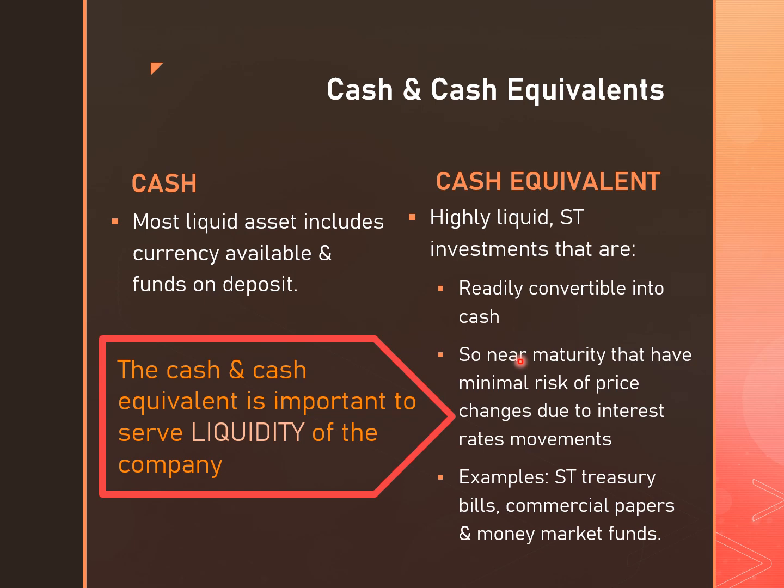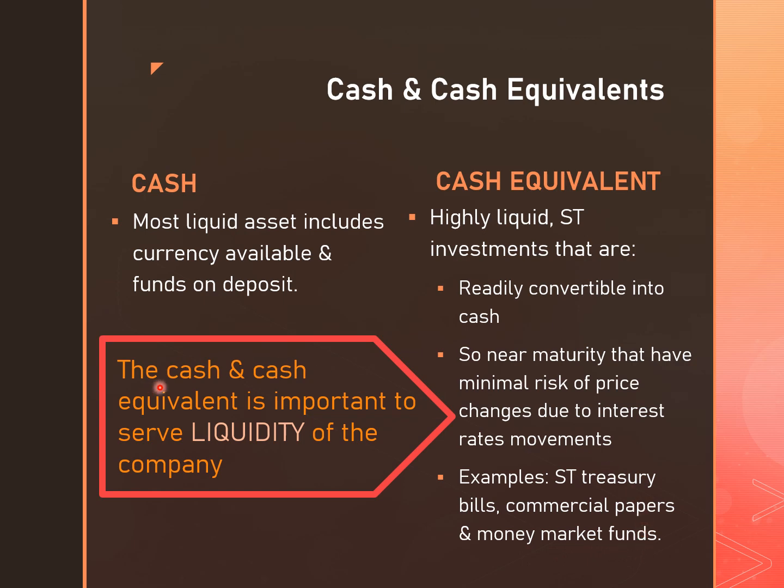So near maturity, that minimal risk of price changes could happen. So this one, the investment is dekat-dekat nak mature, so harga dia takkan berubah sangat. Okay, so that is cash equivalent. Example of the cash equivalent adalah the short-term treasury bills, commercial papers, and also money market funds.